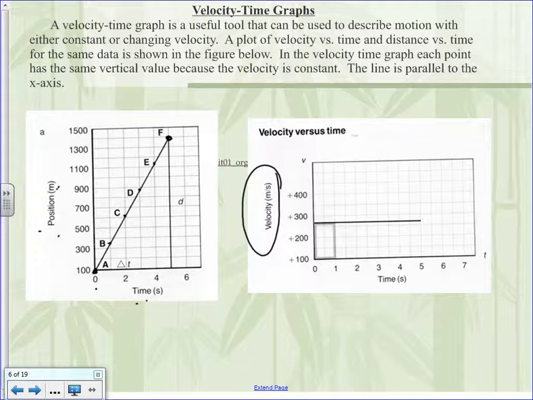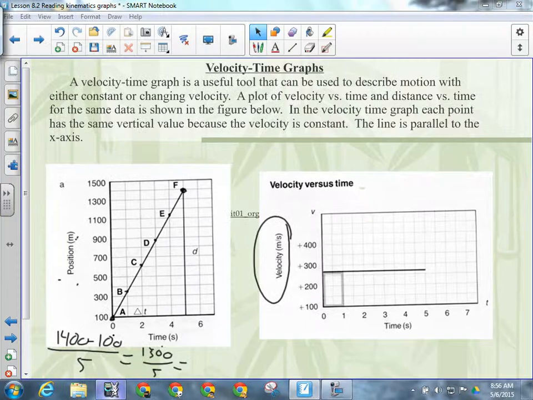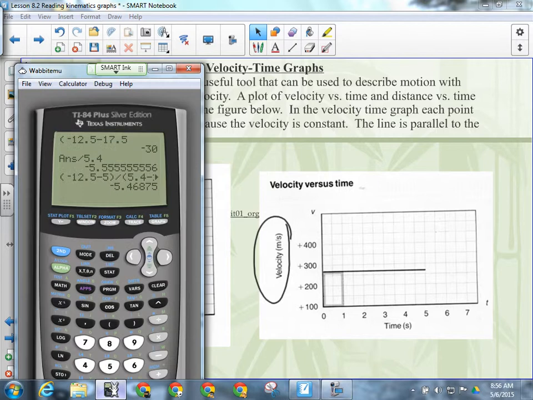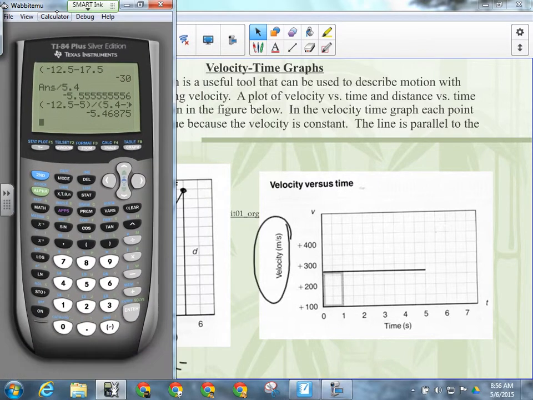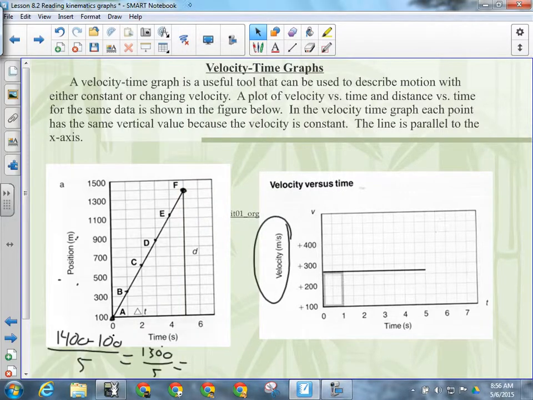So we'll do y2 minus y1. y2 is 1400, minus 100, over 5 minus 0. So we've got 1300 over 5, which is 260.